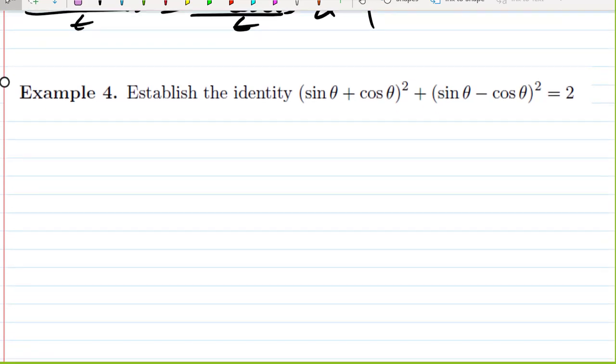So for the first bit, we're just going to use algebra to expand everything.